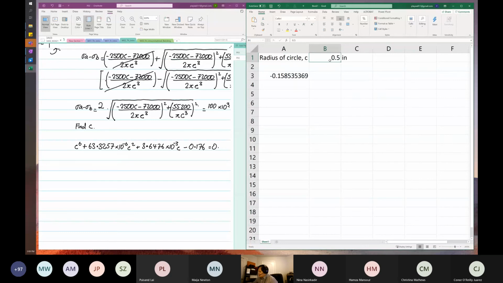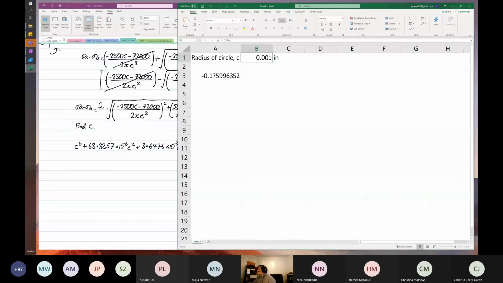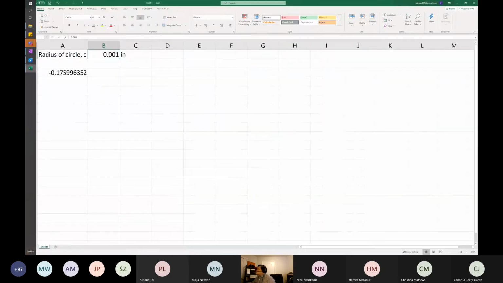Okay, so don't you guys do this. Hold on. Don't do this, like putting 0.1, 0.001. Okay, don't do this. There's a function over here. I hope you can see. It's under Data.